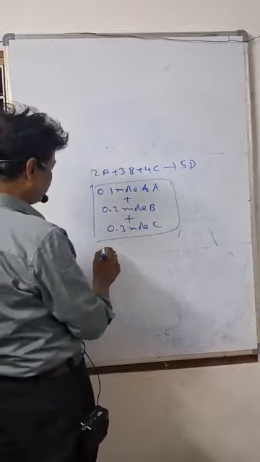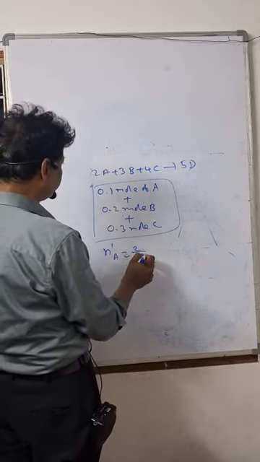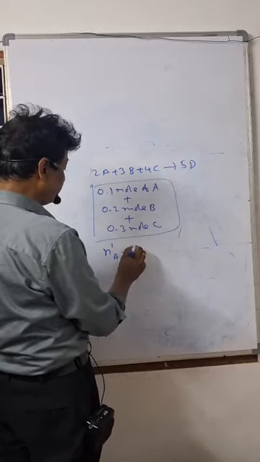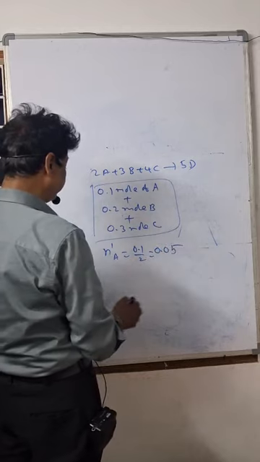I tell the first method, given moles by equation moles. For A, 0.1 by 2, 0.05.